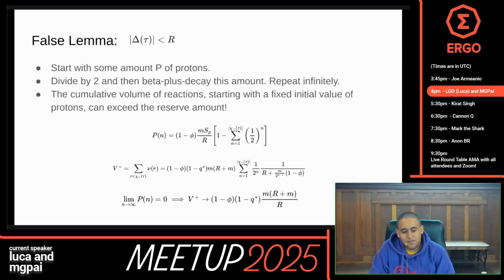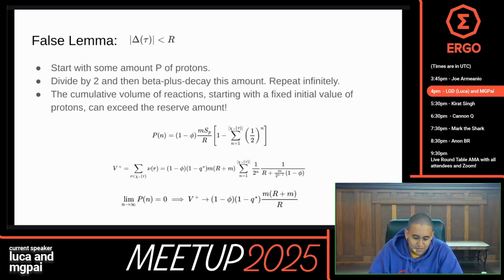It's kind of funny. You basically start off with some amount of protons, and you also assume that we're using real numbers, so you can divide them infinitely and so on. And then you just divide by two, and then convert those protons to neutrons. And then you'll have a leftover amount of protons, and then divide that by two and convert that to neutrons, and then do that over and over again infinitely.